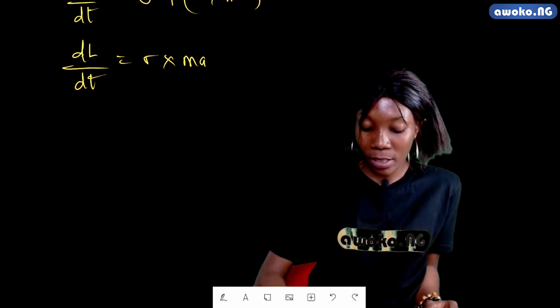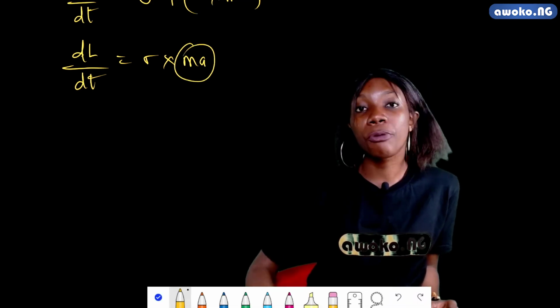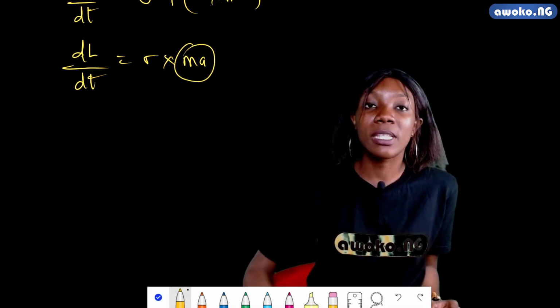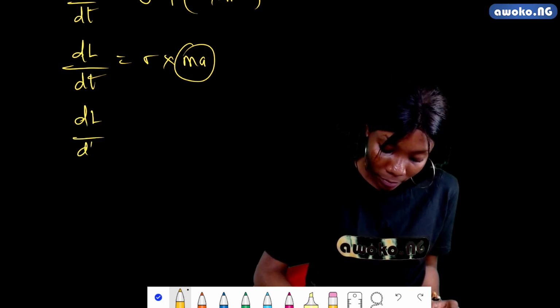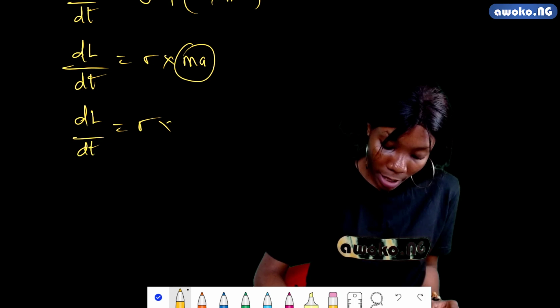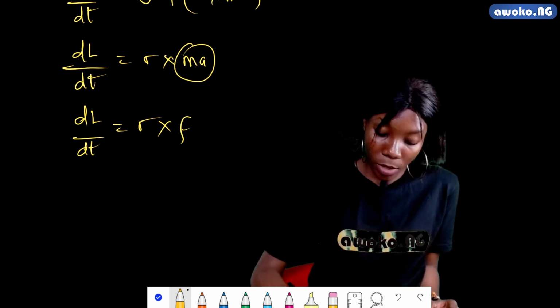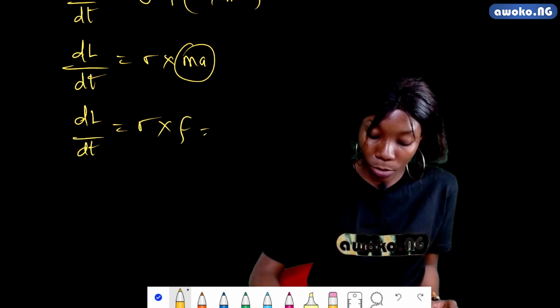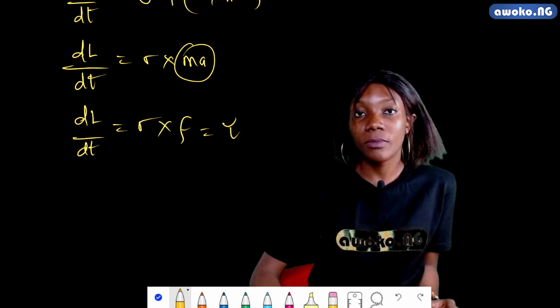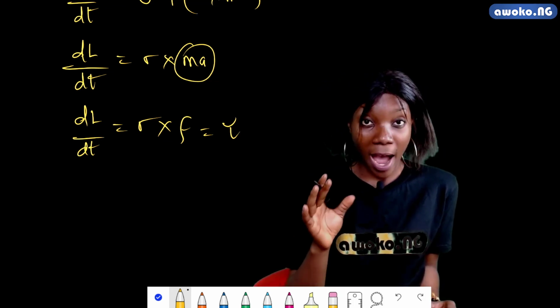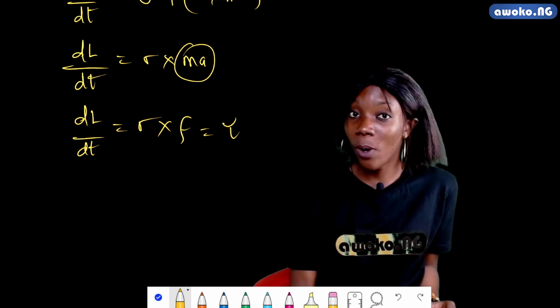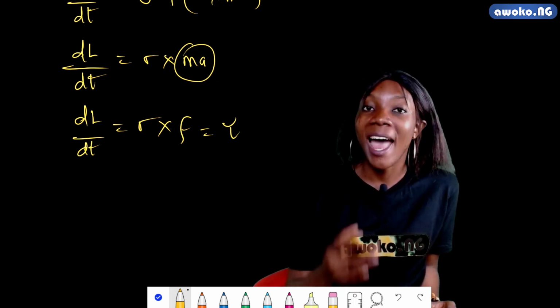Okay, now this term here, ma, we can replace with the net force F. So if we do that, we have dL over dt equal r cross F, and this equals torque. Now this means that the rate of change of angular momentum of a particle equals the torque of the net force acting on it.